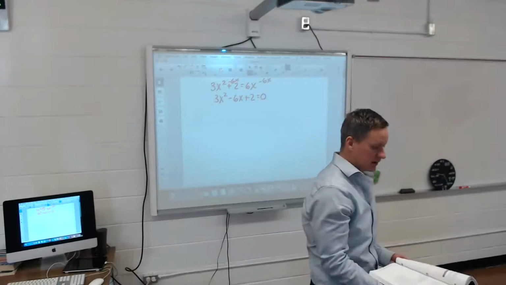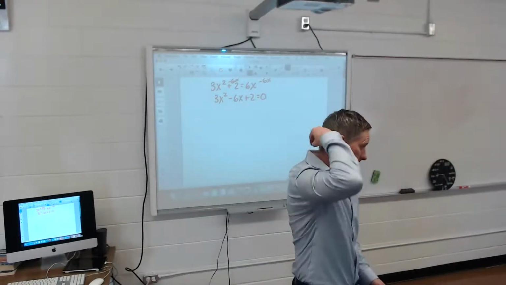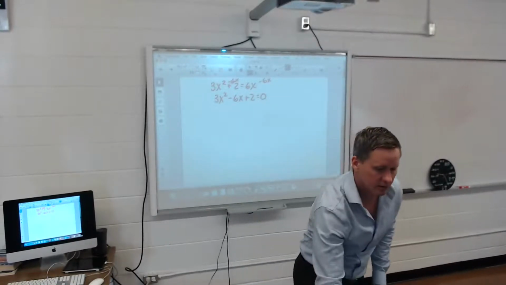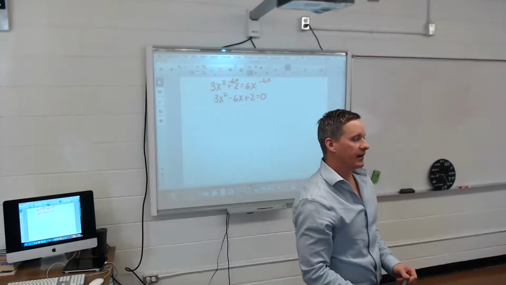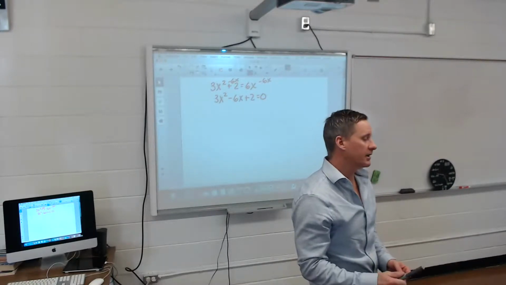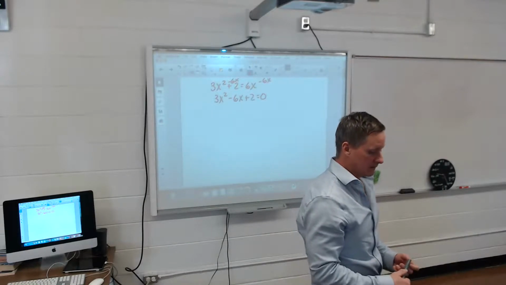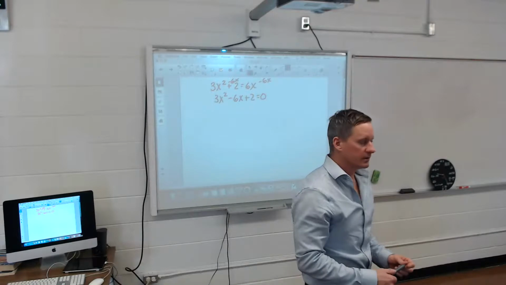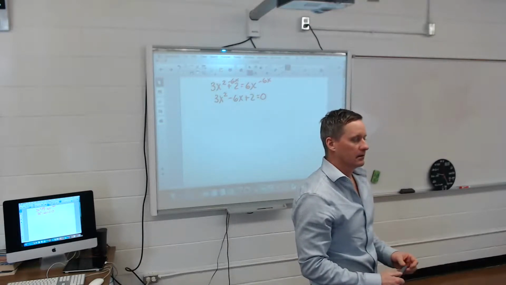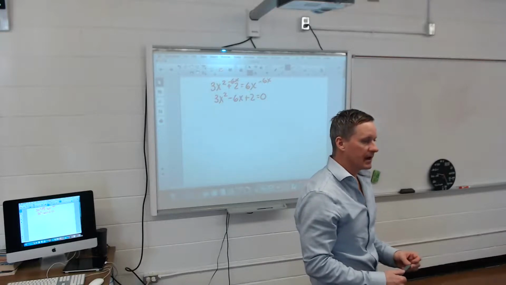So 2 distinct real roots. That's what we talked about yesterday, the discriminant, the b squared minus 4ac. If there are 2 distinct real roots, that means b squared minus 4ac is greater than 0 and a perfect square. 1 real root, the discriminant is equal to 0, which means it's on the axis.